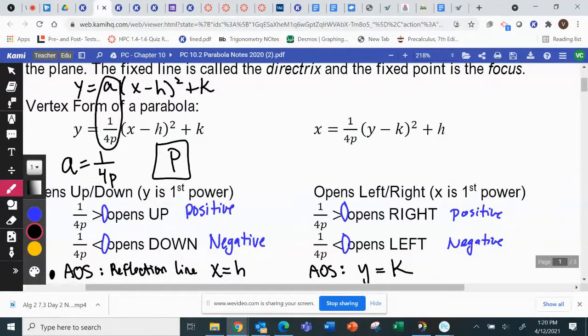You guys remember when we found the vertex for the first equation, for the one that we've used more recently? H is opposite and K is the same sign. For this one, H is going to be the same sign. And K will be opposite because they've switched spots. But we still graph the X value, then the Y value.